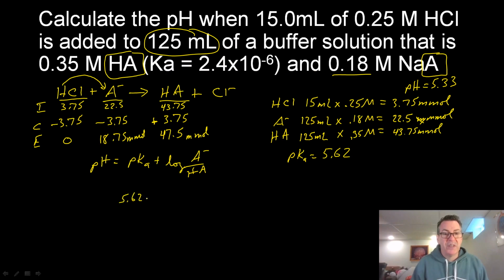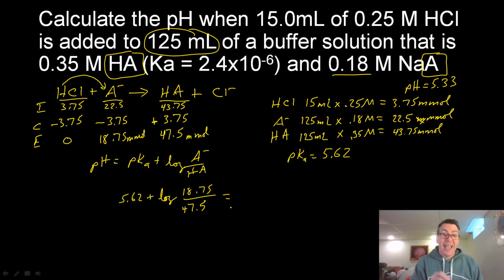So we'll plug in 5.62 there, plus the log. A minus is 18.75 now, and HA is 47.5. Notice I skipped one of my 6 steps. It's step number 5 that I skipped, and that was to find the concentration of the remaining players. You can do that.